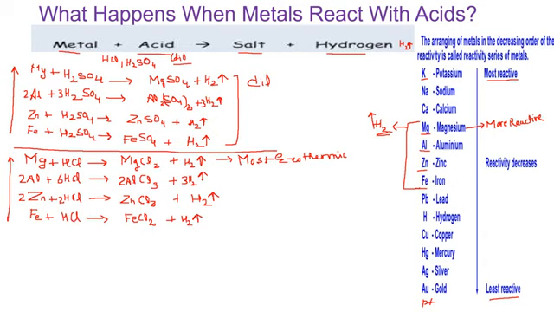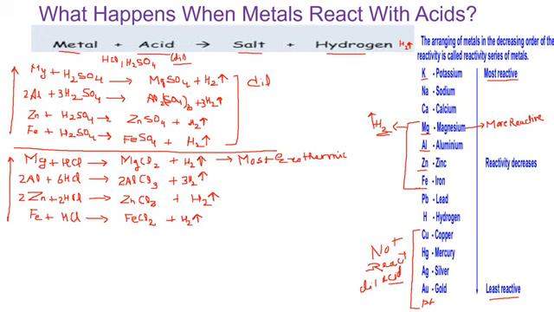Okay, now coming to the metals under hydrogen, that is copper, mercury, silver, gold and platinum, these are not going to react. No reaction is going to take place with dilute acid, okay. Now what about the reaction of the metal with HNO3, with nitric acid?